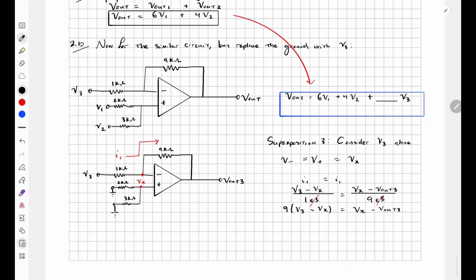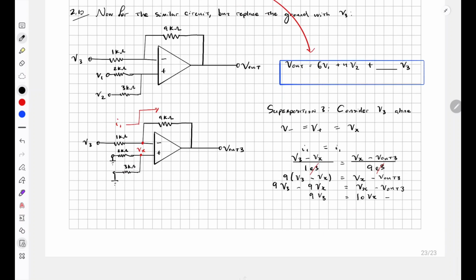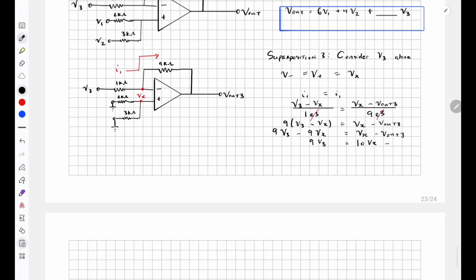Okay, so I will now distribute this: 9V3 minus 9Vx is equal to Vx minus V out 3. Plus Vx on both sides, so we have 9V3 is equal to 10 Vx minus V out 3.